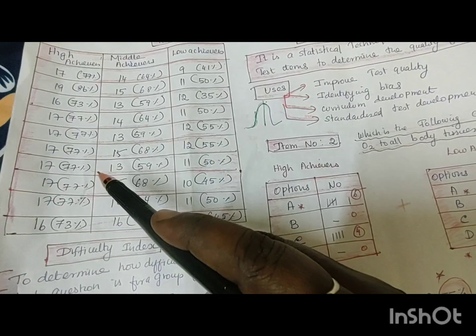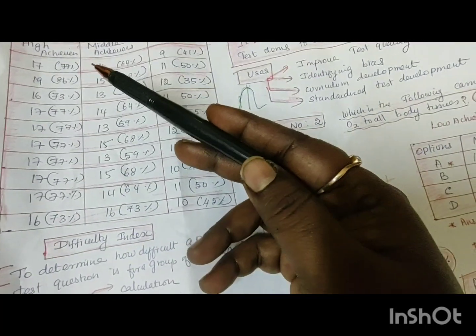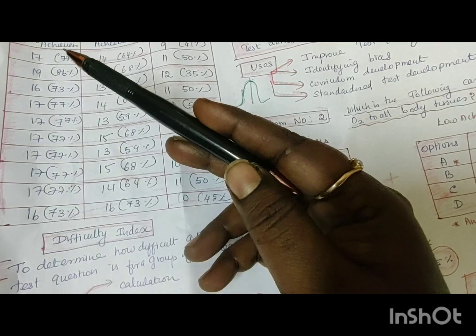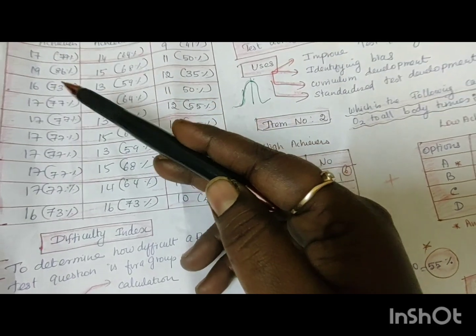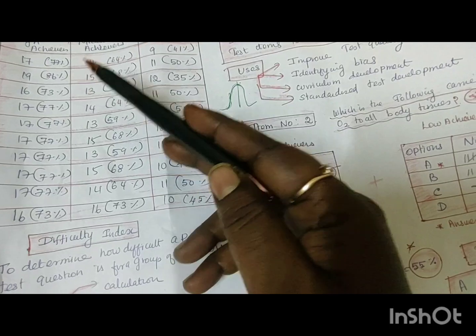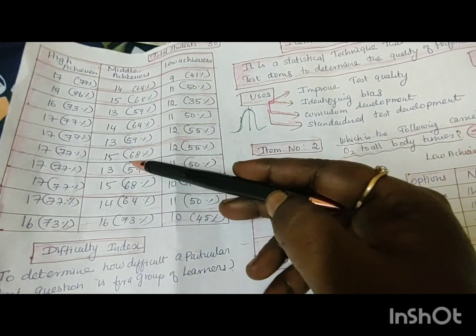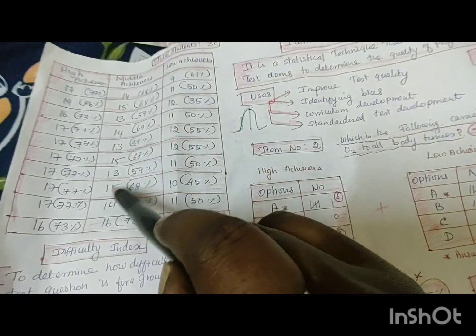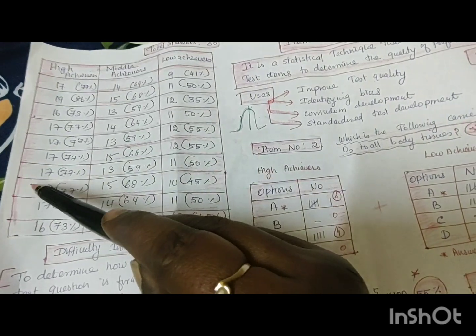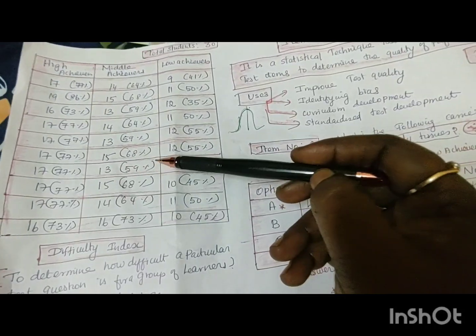I converted the scores into percentages. I had given 22 items, so 17 divided by 22 into 100 gives 77%. 14 divided by 22, what is the percentage? I have written it. We are going to leave the middle group and take the high achievers and the low achievers. These are the two groups.